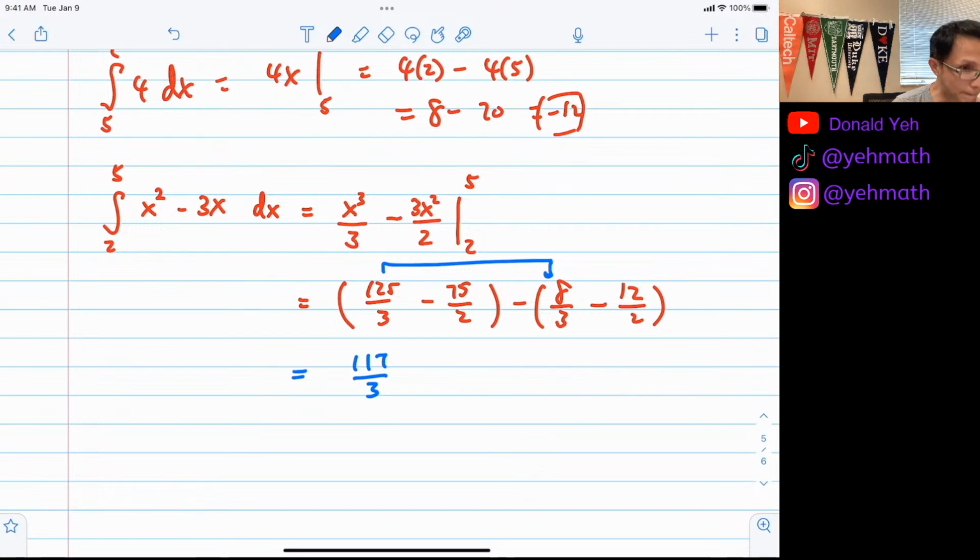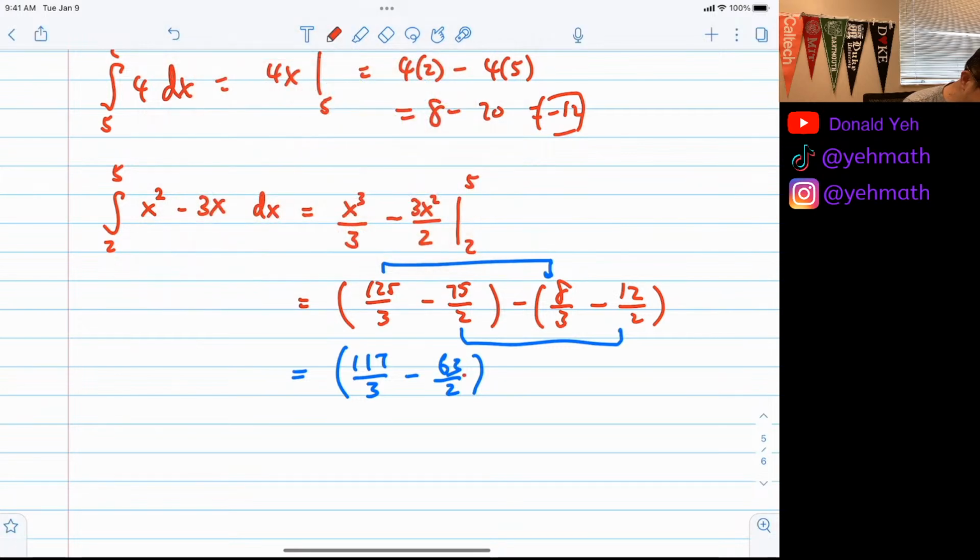Do you see that? And now I will match this one. So it's going to be plus, minus what? 63 over 2.